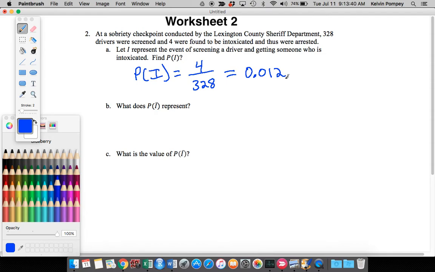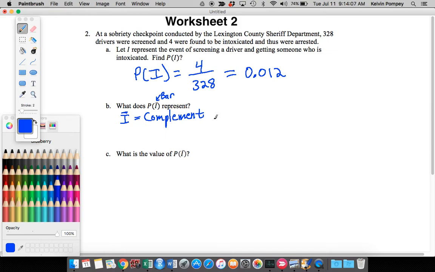Okay. Part B, what does P of I bar represent? Notice here that this I has a little bar over it. Remember in our notation, I with a bar over it means it's the complement. Complements are sort of like the opposite or the inverse of what I represents, right?